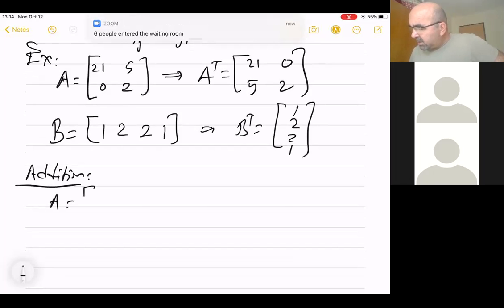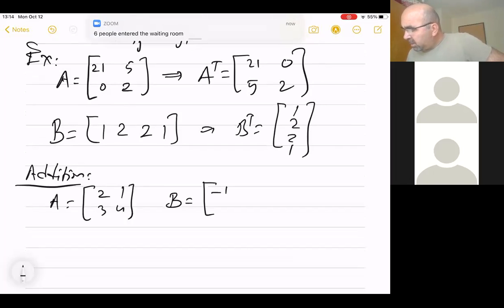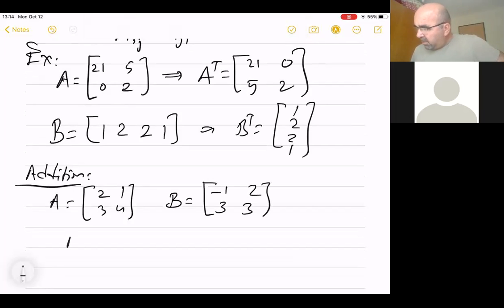If A is, let's say, 2, 1, 3, 4, and B is -1, 2, 3, 3, then A plus B is, and then I will give the formal definition, you just add the corresponding entries. So 2 plus -1 is 1. 1 plus 2 is 3. 3 plus 3 is 6. 4 plus 3 is 7.